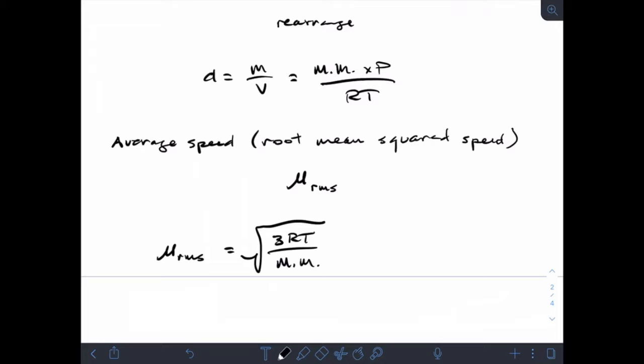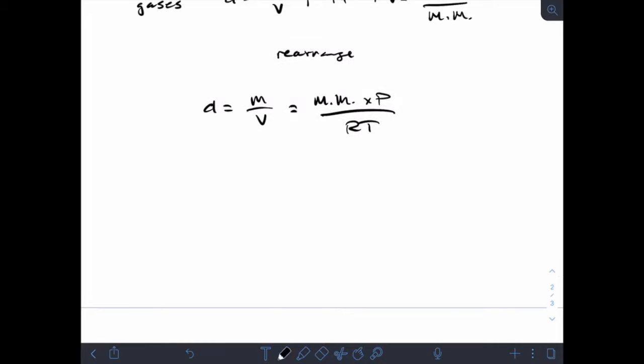Here R is related to energy: R equals 8.314 joules per mole Kelvin. Since one joule is a kilogram times meters squared over seconds squared, the molar mass has to be in kilograms per mole. It's very important to get those units correct.